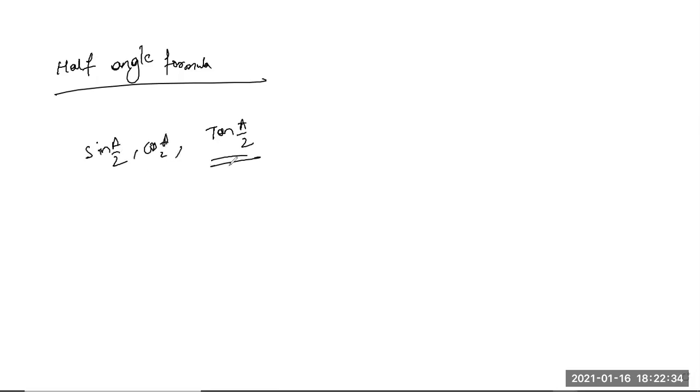These are half angles of trigonometric identities. You need to relate these identities with a, b and c, the sides. That is our target, and that is what the half angle formula is, like the sine rule, cosine rule and tangent rule. This is also another rule.